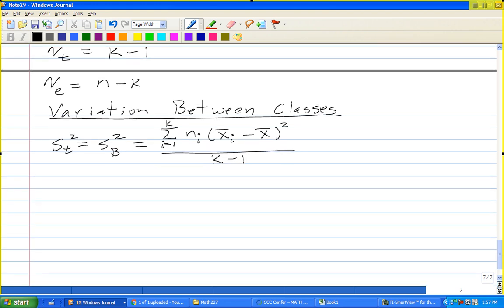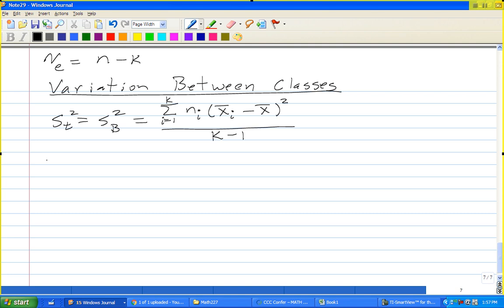The variation within classes, this is the formula that I gave you above when we did this in chapter 8.